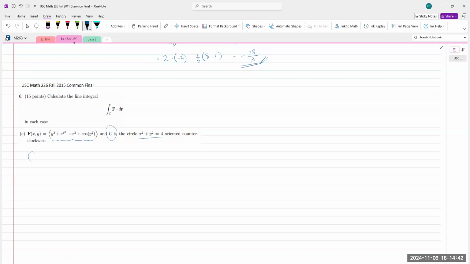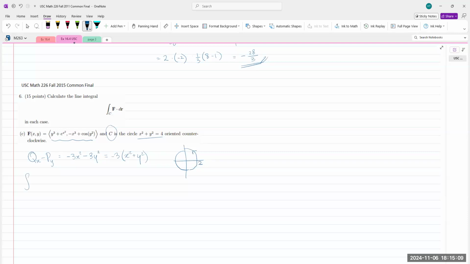So let's see, q sub x minus p sub y will be q sub x, negative 3x squared, minus p sub y, minus 3y squared. That's negative 3 times x squared plus y squared, while the C is the circle oriented counterclockwise, so it's positive orientation with radius 2.